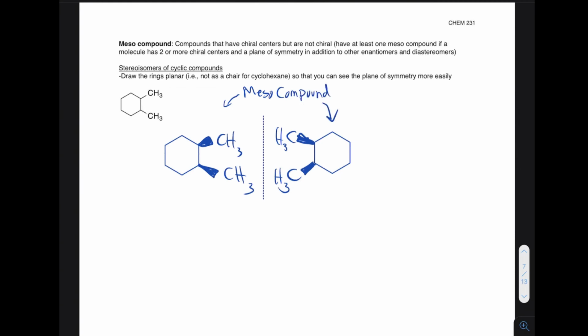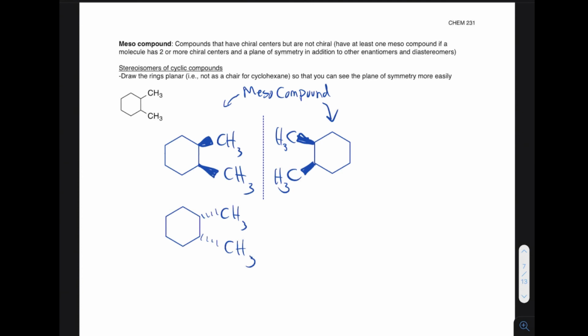And you might be thinking, okay, we did the mirror image, but what happens if we turn the wedge bonds to dashes instead? Because hypothetically that should be the same thing. So if we try to do that, even though right now it looks like we can't superimpose them on top of each other, because the dash bonds point down and the wedge bonds point up, that wouldn't match.